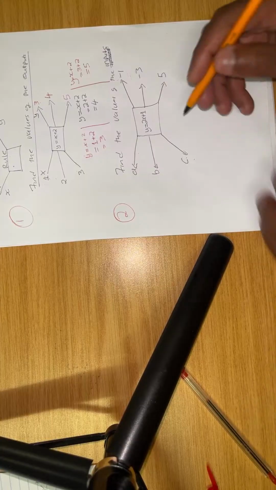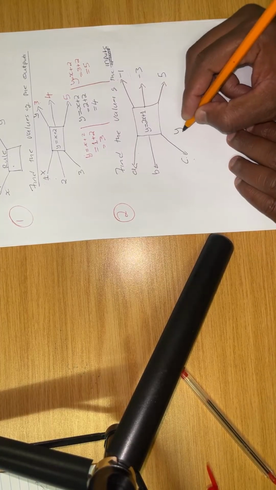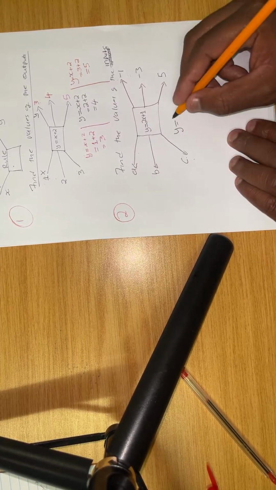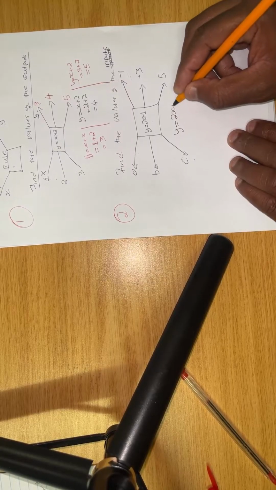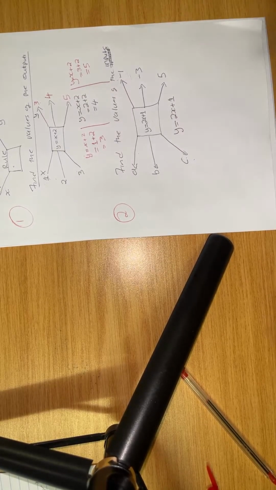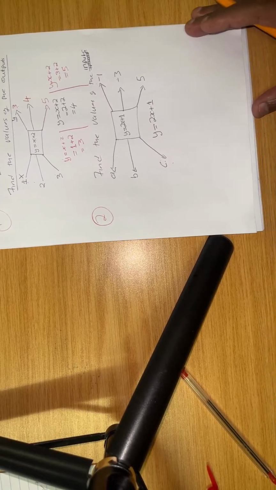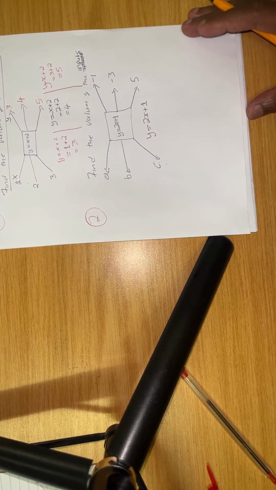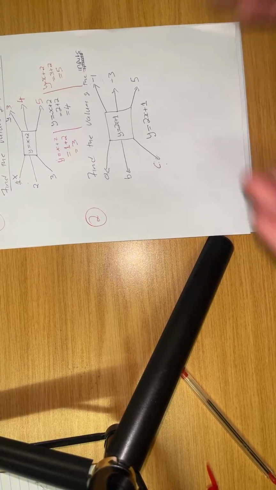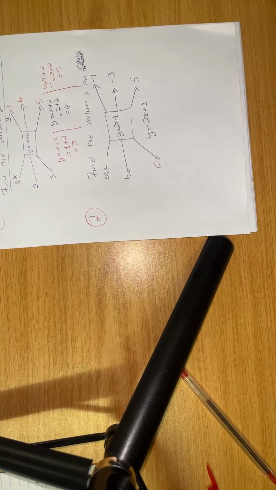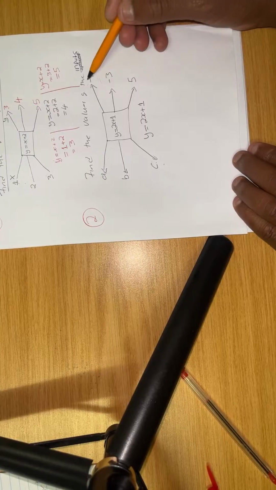So in this case, you know that you are given the rule. Our rule is 2x plus 1. If ever you are given a rule like this, you just have to substitute what you are given. Let's check the values of y here.